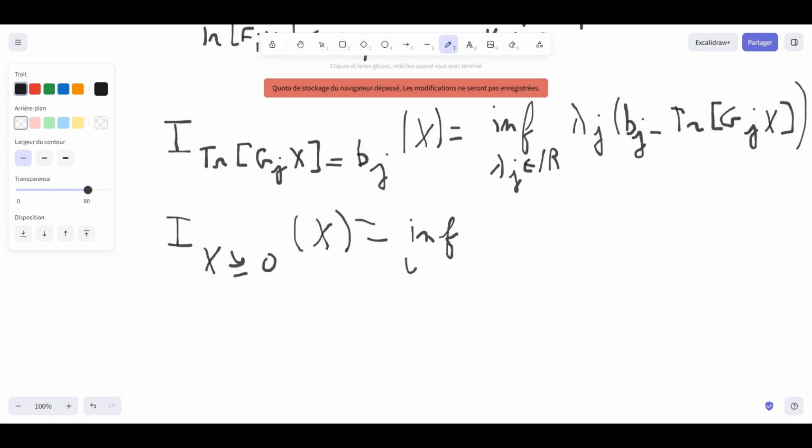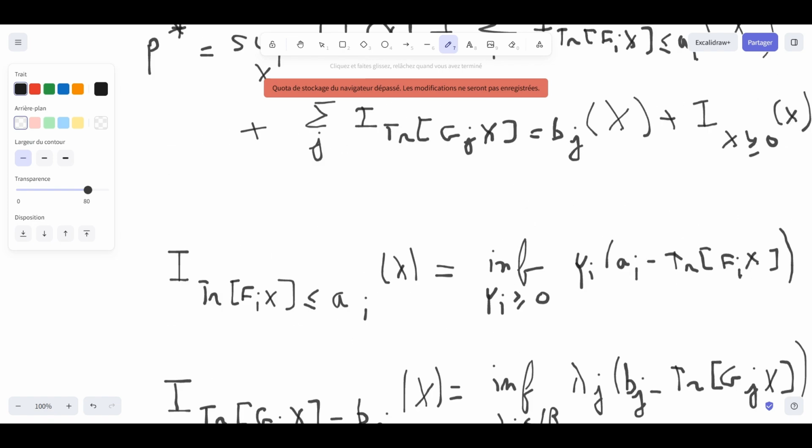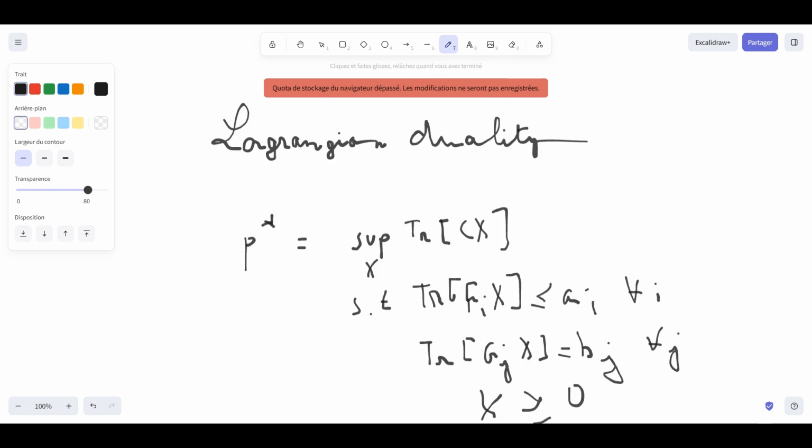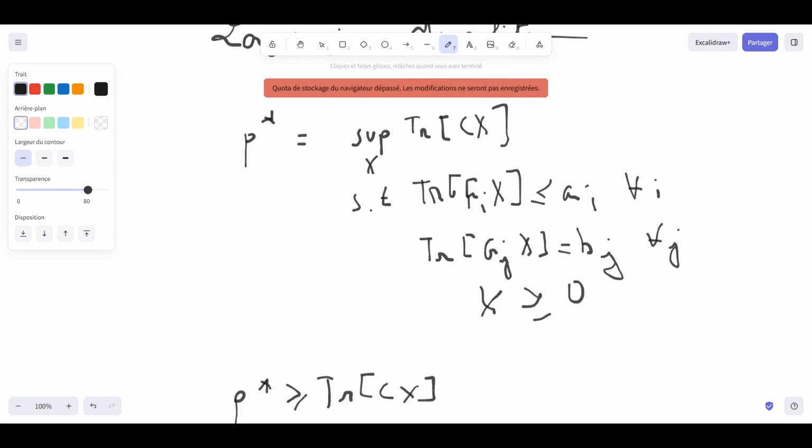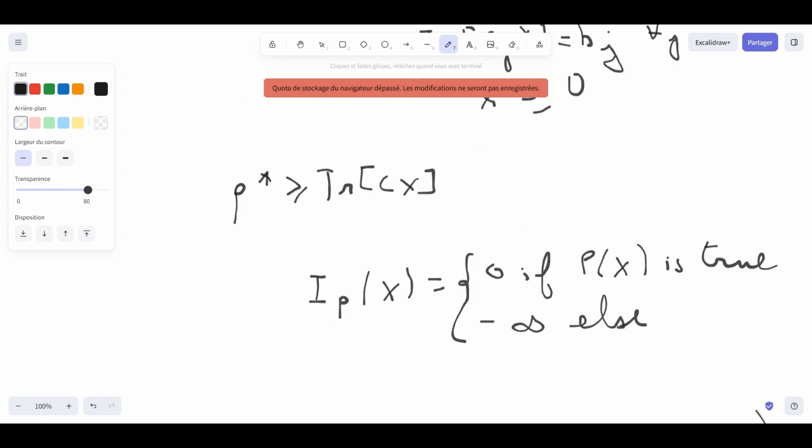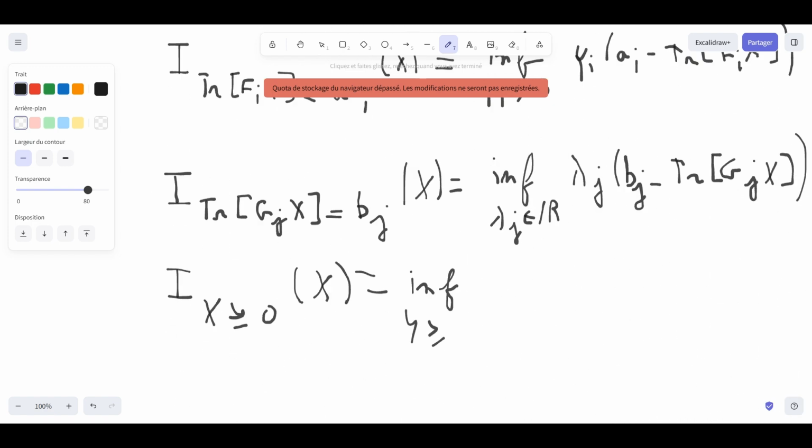You just write, and as you saw, the indicator function gives you the opportunity to go from sup to inf, and that's the trick about the Lagrangian, like inf of sup or sup of inf. We just saw it after anyway.